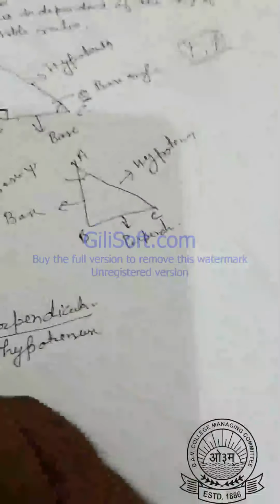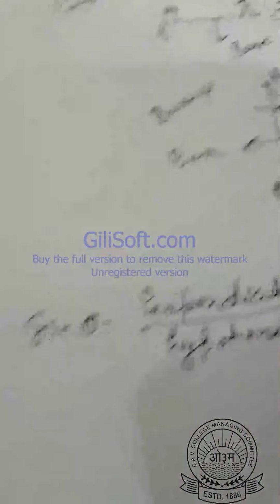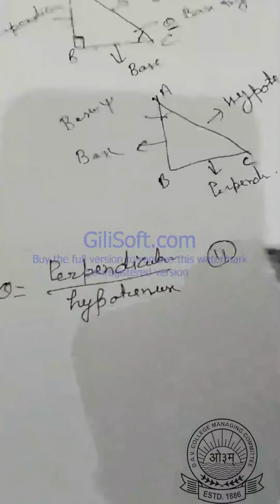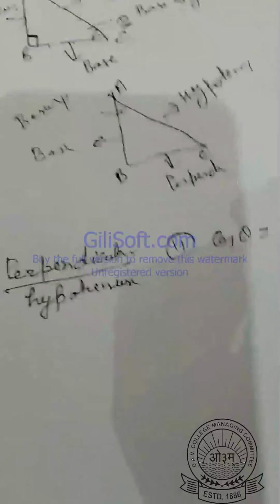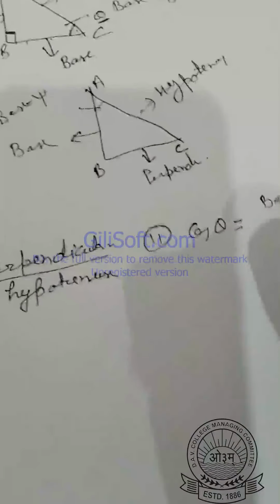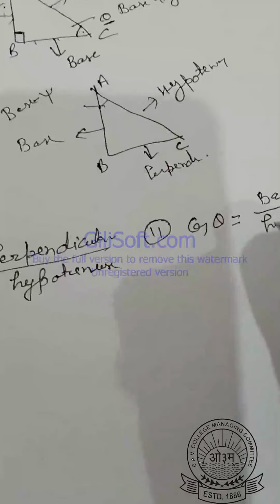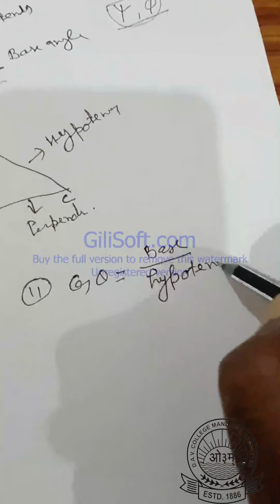Next, second ratio, this is cos theta. Cos theta means base by hypotenuse. Next, third, this is tan theta.